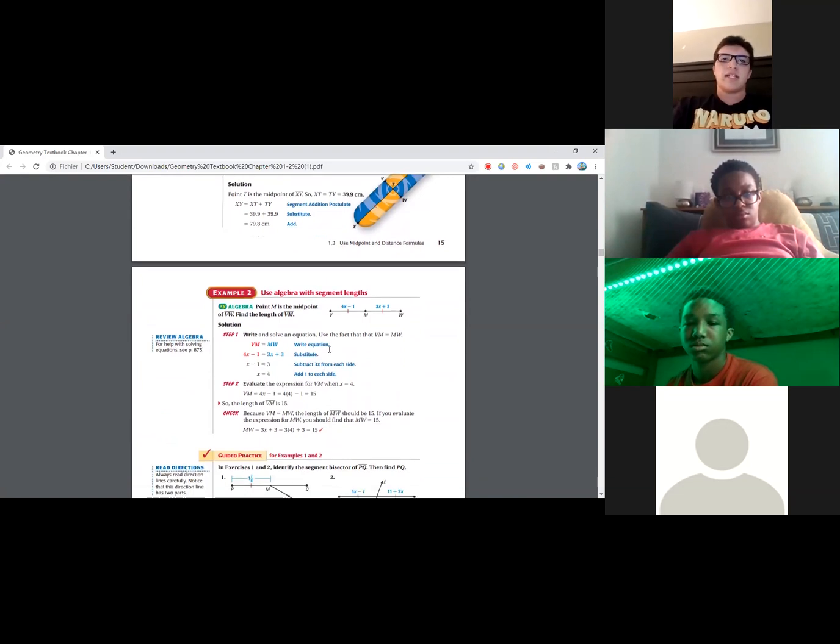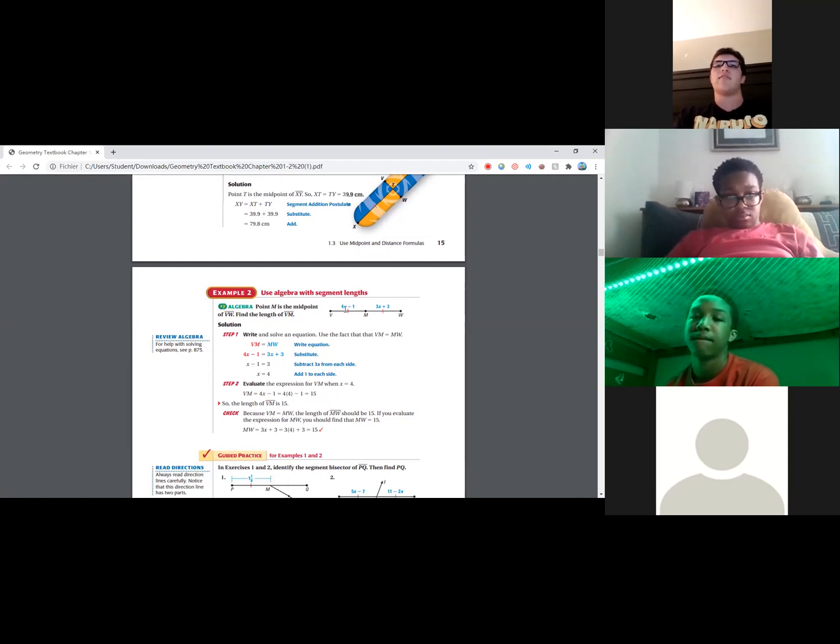So let's see, the second example, point M is the midpoint of VW. Find the length of VM. Okay, so like I was saying before, the midpoint is the same distance from both of the endpoints, which means that if M is the midpoint of VW, then VM must be equal to MW, and it's telling you the length of VM is 4x minus 1, and the length of MW is 3x plus 3.